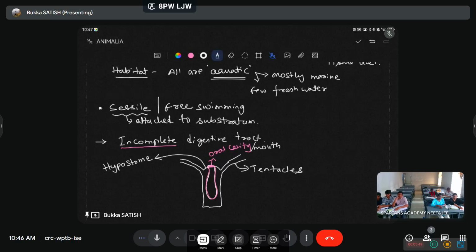Hypostome. What is meant by hypo? Hypo means what? Low, right? So here the meaning is below. Stoma is mouth. So below the mouth is the meaning of this hypostome.